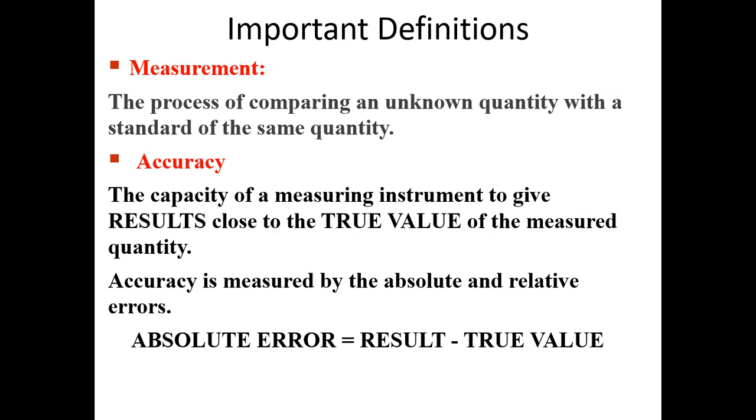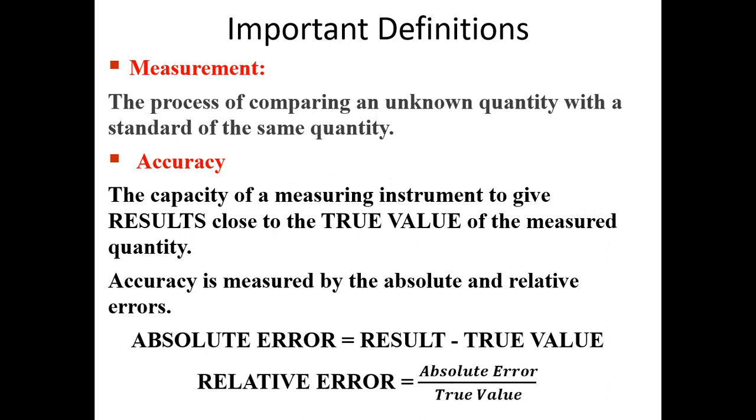Otherwise, there must be some gap. But in most cases, it is good to represent the error as a relative error, which is the absolute error represented as a fraction of the true value. This is normally referred to as percentage error.